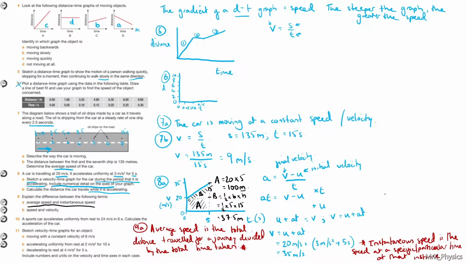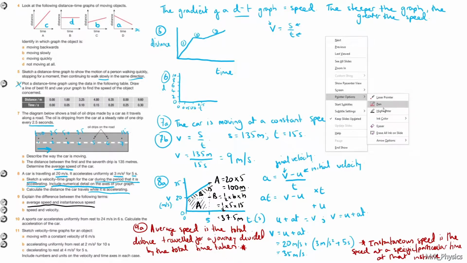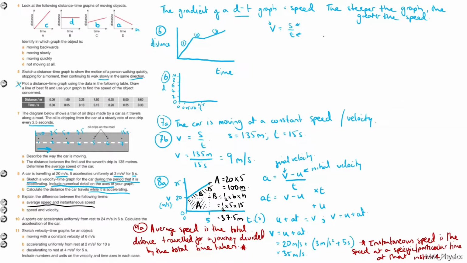Differences between speed and velocity. Put that one up here. Let's go again with a different colour. So here we go with 9b over here.